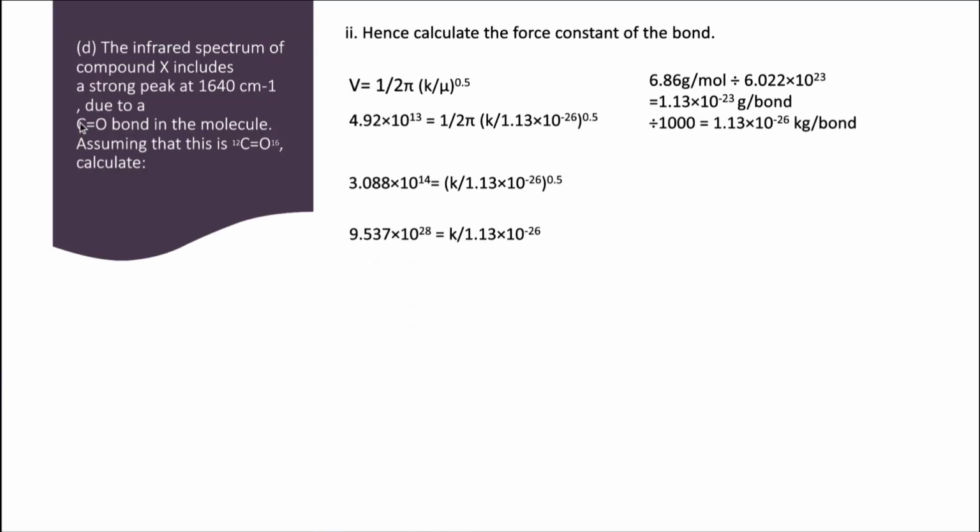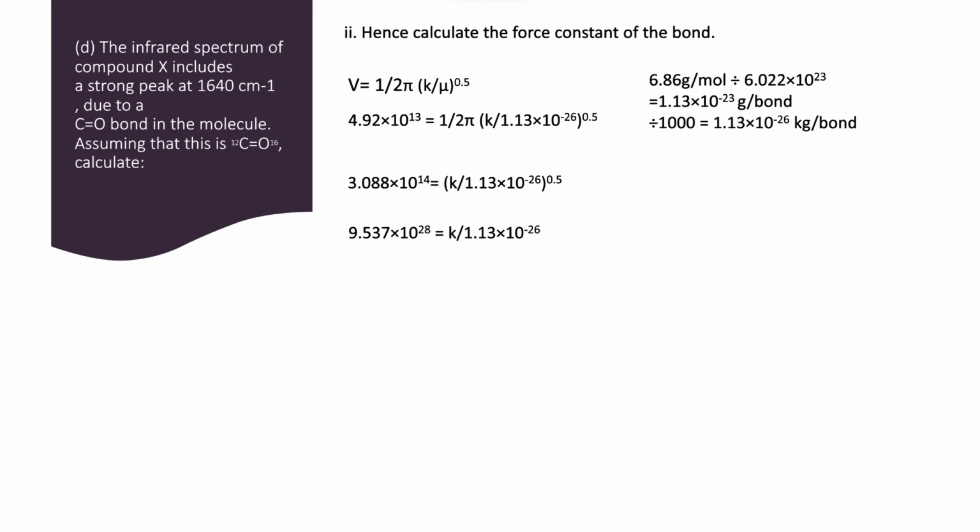Then we have to square each side to get rid of the 0.5, which gives us 9.537 times 10 to the 28 equals K over 1.13 times 10 to the minus 26. Then we times each side by 1.13 times 10 to the minus 26, which gives us a value of K of 1077.7.